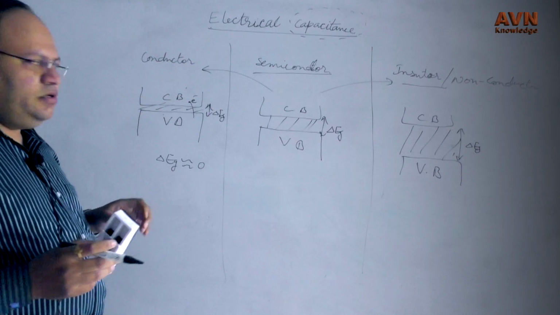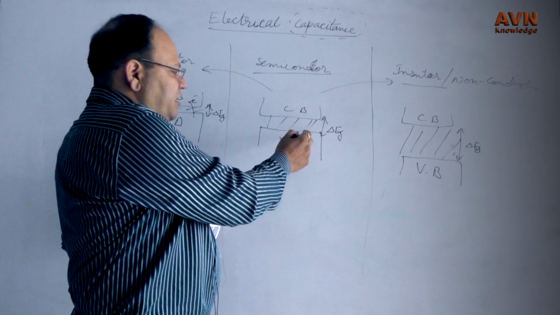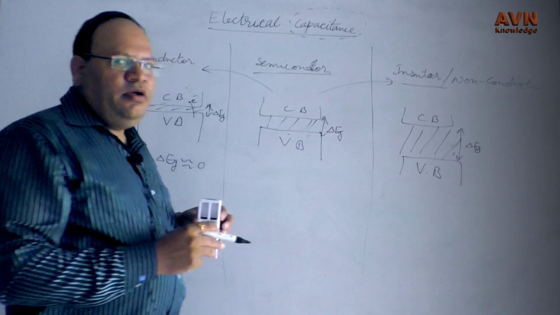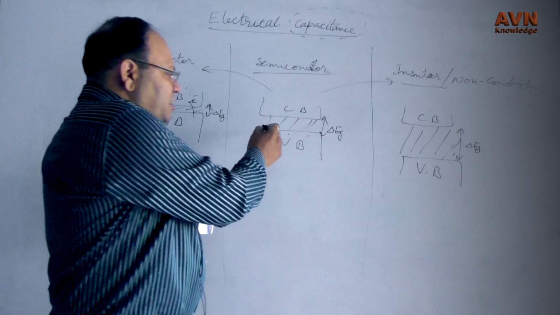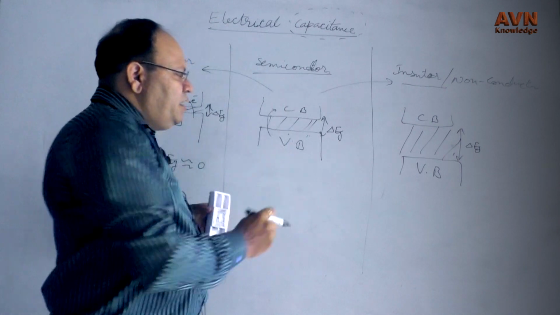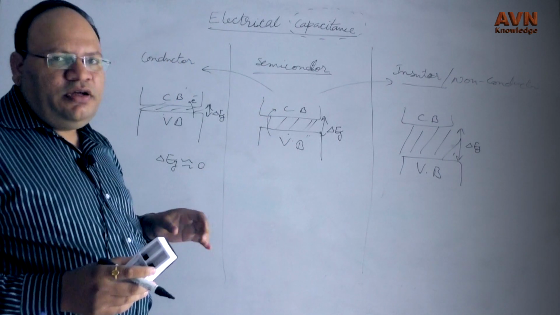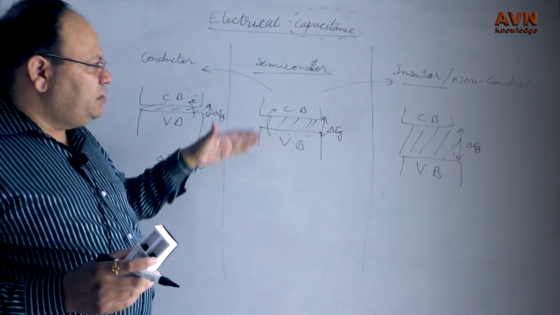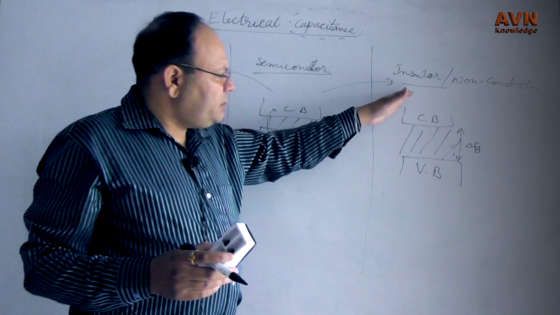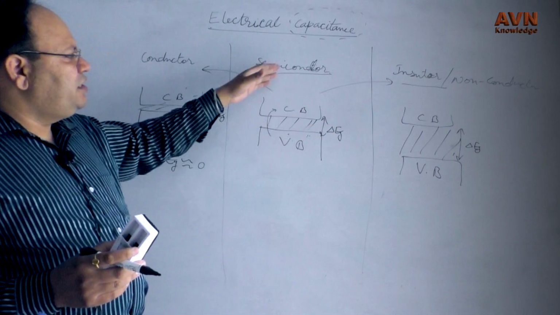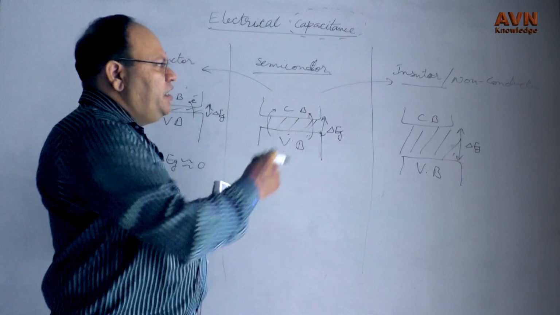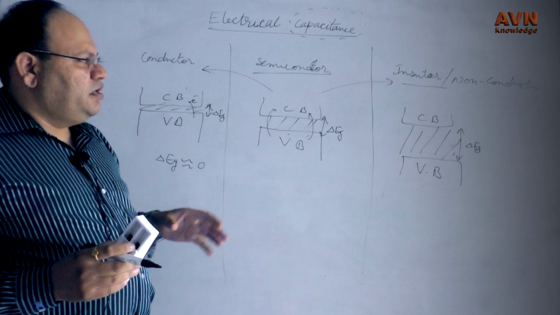In a semiconductor at low temperature this is not possible, but when you increase the temperature, the electrons move to the conduction band and become free electrons. So at low temperature it behaves as an insulator, and when you increase the temperature, the valency band electrons move to the conduction band and the current flows easily.